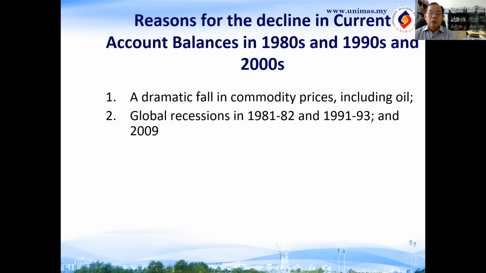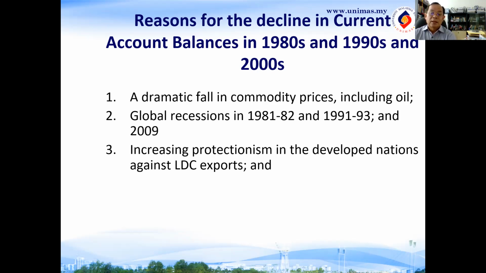And also the world recession ataupun global recessions in 1981 to 1992 and also in 1991-93. It's just like about once in 10 years, yeah, global recession berlaku. Yeah, that also has a great impact on the balance of account in the developing countries.